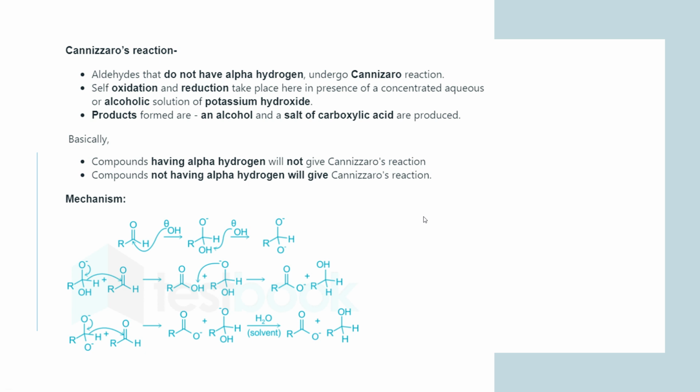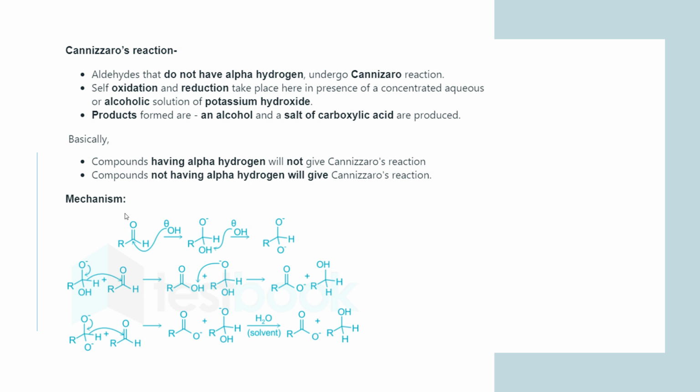So, to get a feasible Cannizzaro reaction, you need an alpha proton, because in the course of the reaction medium, we need alpha proton abstractions. Okay, let us move to the mechanism to see what happens. You are given a basic condition in this particular reaction, and mostly sodium hydroxide is used.